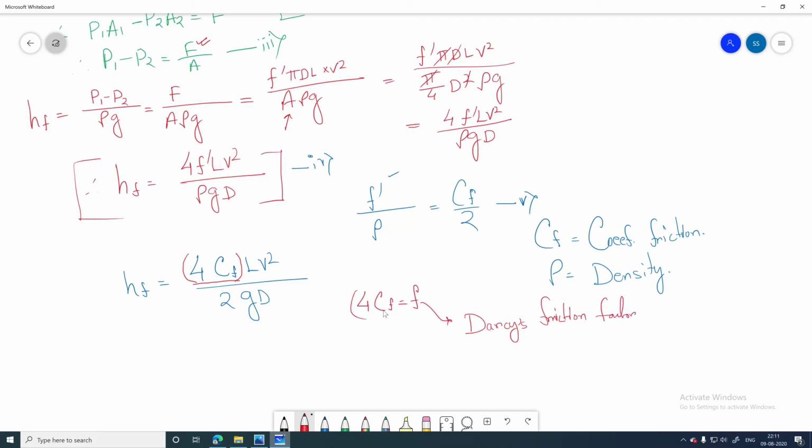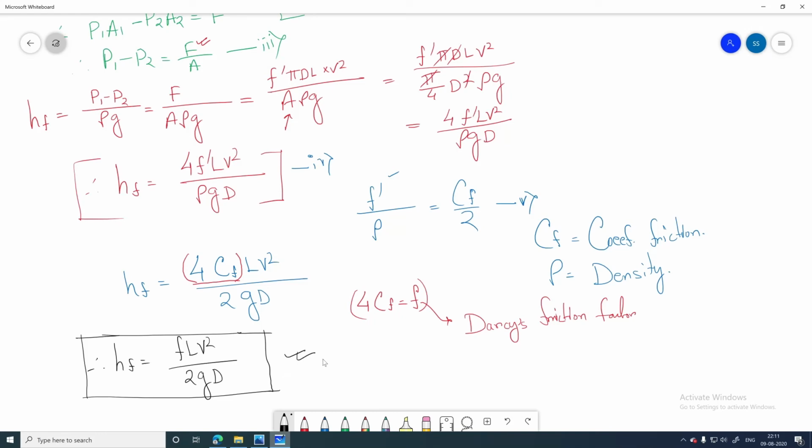So if we put the value of f here, the final expression of the Darcy-Weisbach equation that we can get is HF equals f L V square by 2 g d. Okay, so this is the final expression of the Darcy-Weisbach equation, and this particular equation is valid for both laminar as well as turbulent flow.